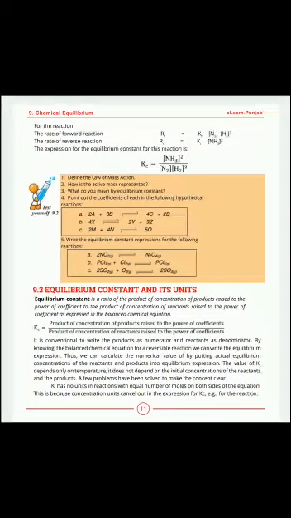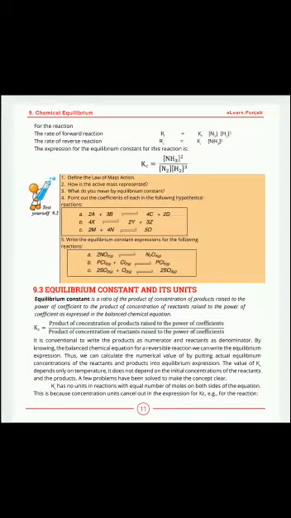How can we write the formula? Kc is equal to the product of concentration of products. In the reaction A plus B reversible reaction C plus D, products are C and D. So, in the numerator we will write the product of concentration of C and D raised to the power of coefficients small c and small d, to the product of concentration of reactants.